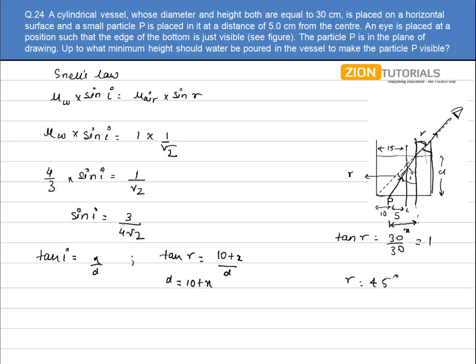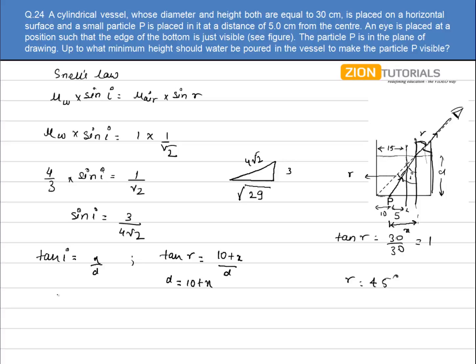Now the sine I value is known to me, so I need a little bit of the Pythagoras theorem: if this is 3 and this is 4 root 2, I can get the value of this side, which comes out to be, I think, root 29.